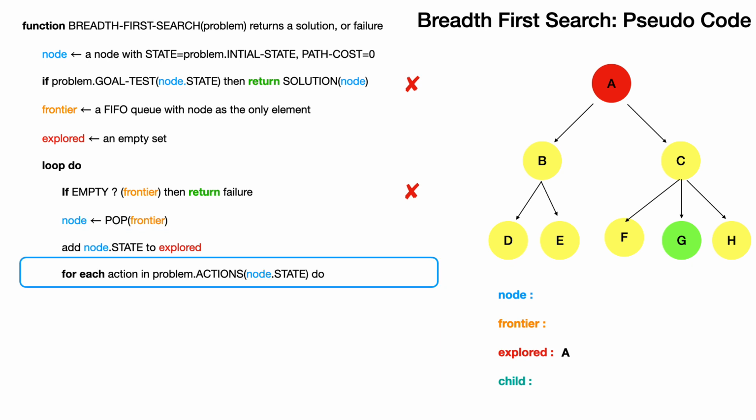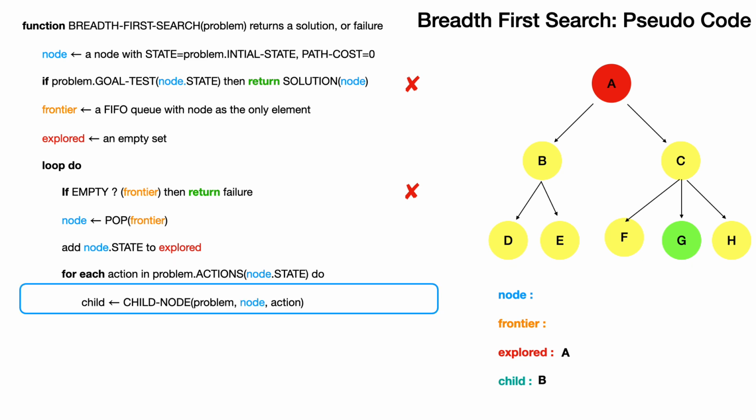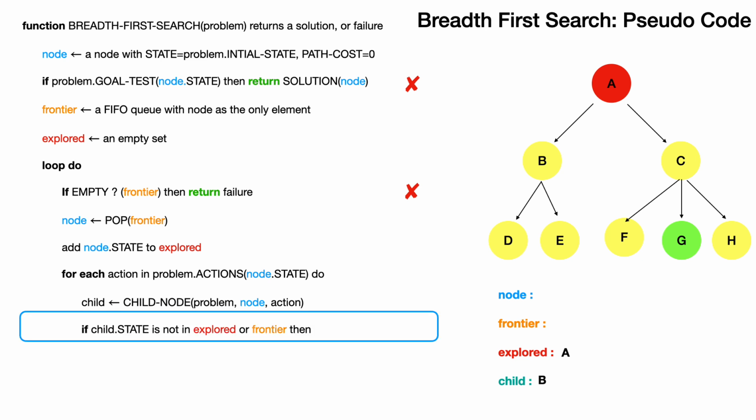So now we generate the children of A, we find the successors of A, and then we try to store them in the frontier, but first we see whether they are goal nodes or not. So we generate the child nodes. Here the child nodes are B and C, so let's start with B. We check if this child node already exists in the frontier or explored nodes.